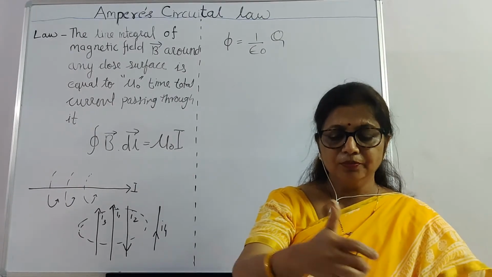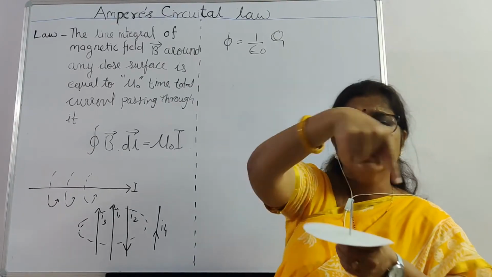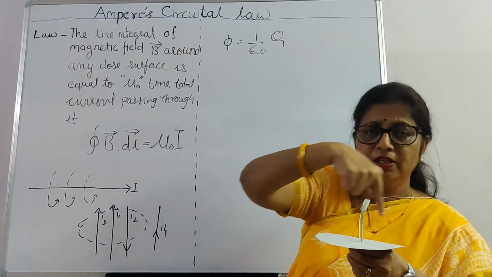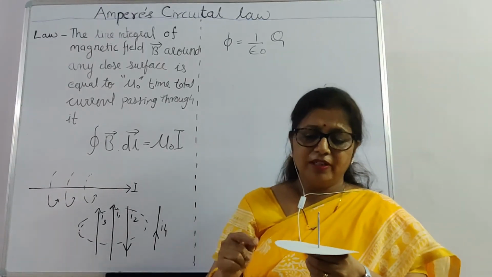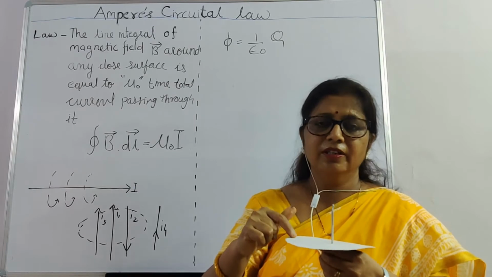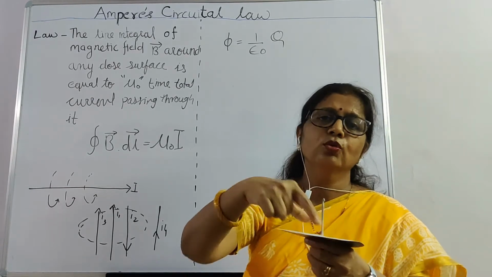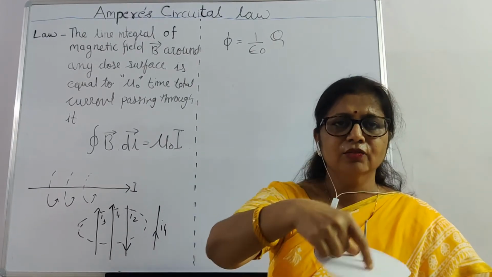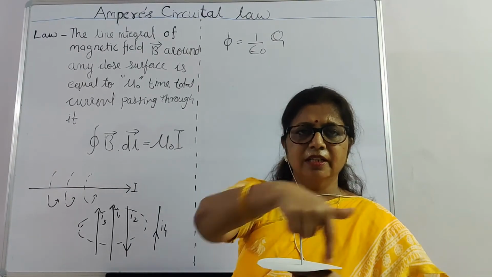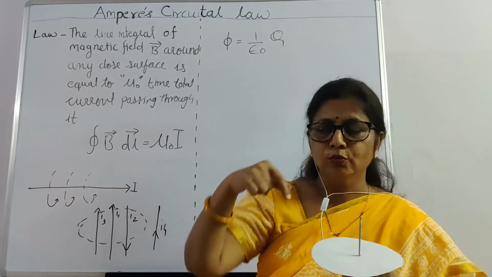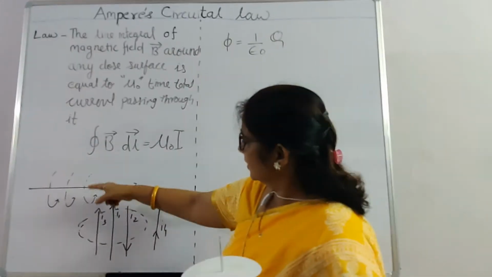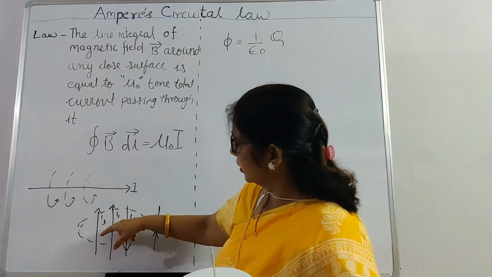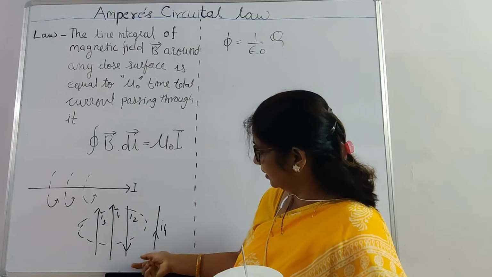Suppose we have to find out the magnetic field intensity, or we are taking this closed surface, and so many currents are flowing through this closed loop enclosed. So like this, if 2-3 currents are flowing here, two are going upward, one is going downwards.